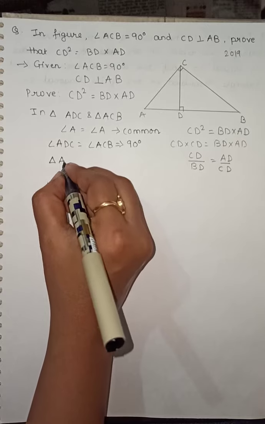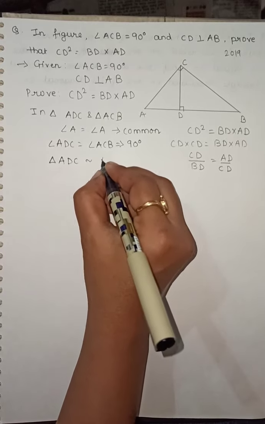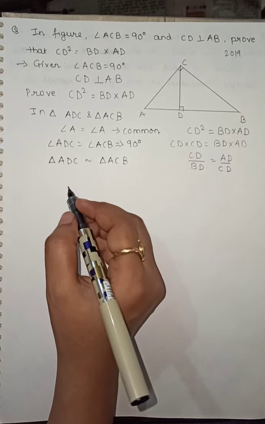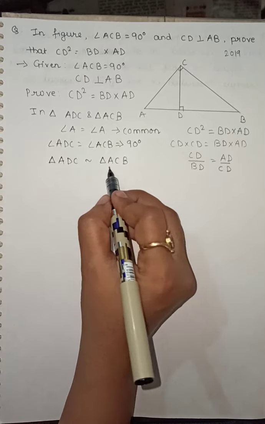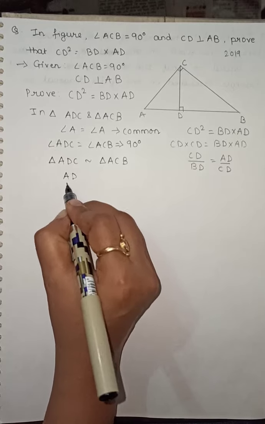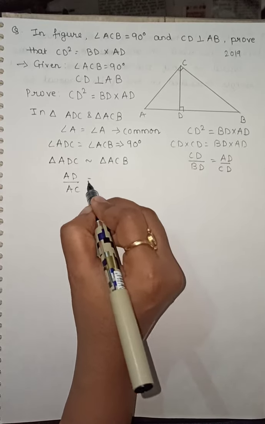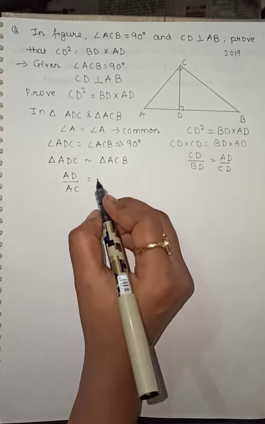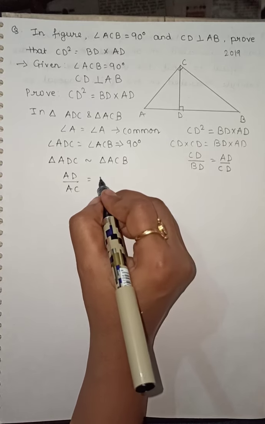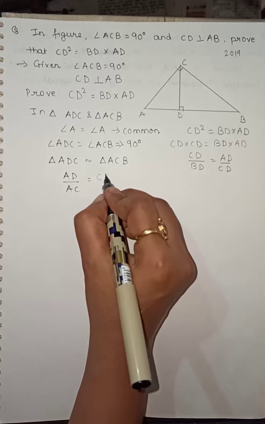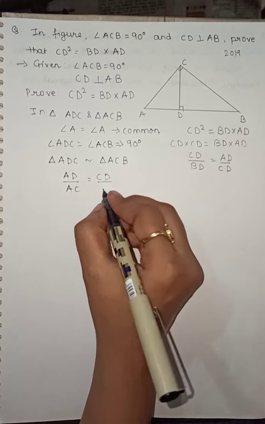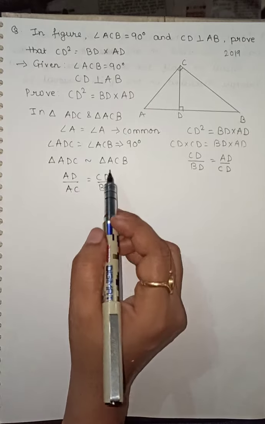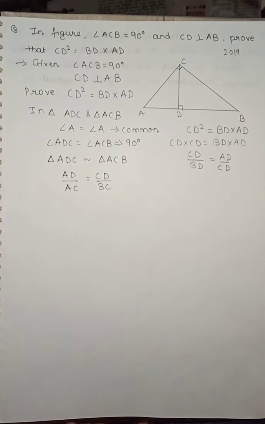I can write triangle ADC is similar to triangle ACB, and therefore I can say AD by AC is equal to CD by BC, or DC by BC, you can write it in any order. Because the triangles are similar, their sides are also proportional.